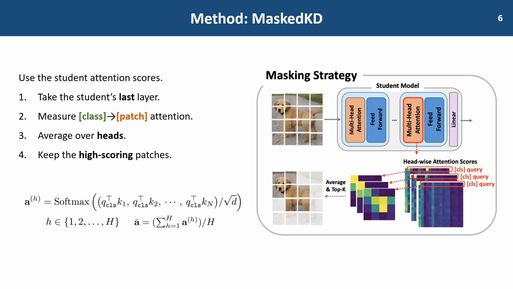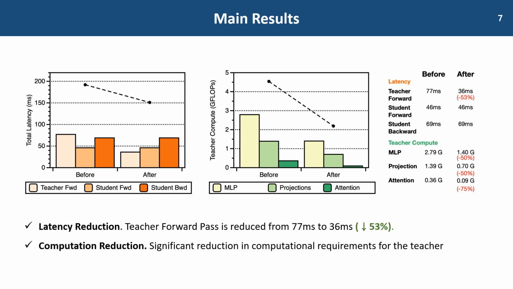From the student's last layer, we measure the attention of class to patch tokens, averaging the scores across multiple heads. Then we retain only the patches with the highest scores. As a result, MaskedKD can significantly reduce the latency and computational cost of the teacher's forward pass.